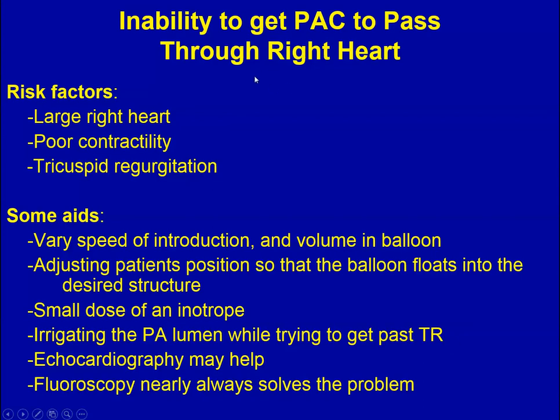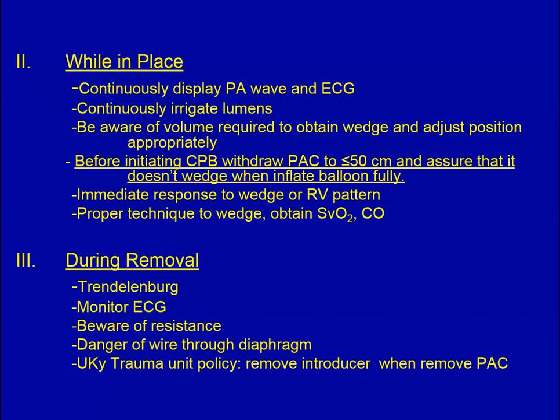Although most of the time the PA catheter readily goes through the right heart into the PA, at times it is frustrating. This is most common when there's a large right heart, poor contractility, or tricuspid regurgitation, and these are some aids that may facilitate getting it to go through the heart.